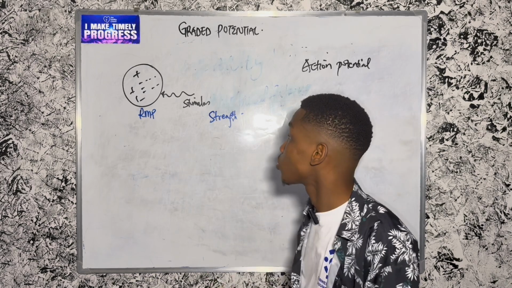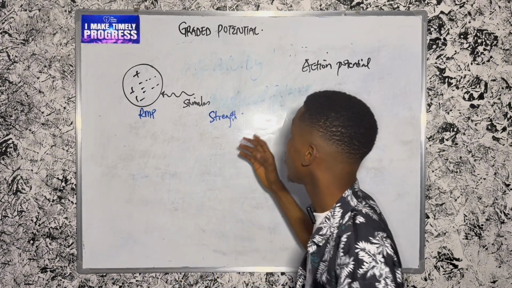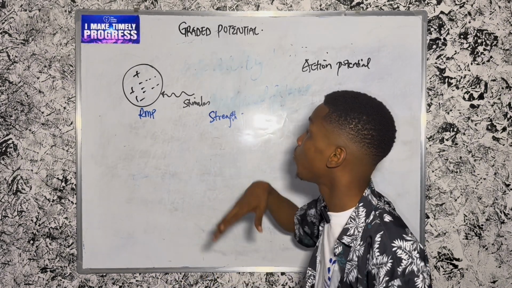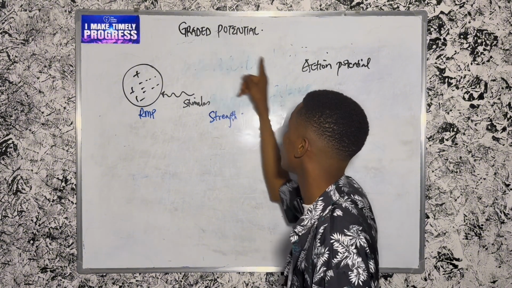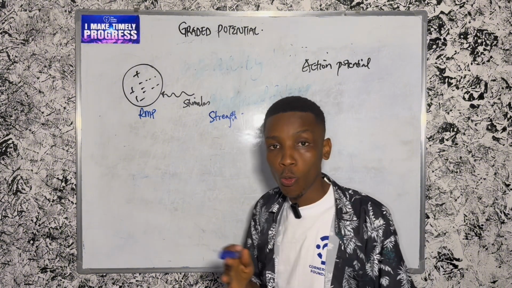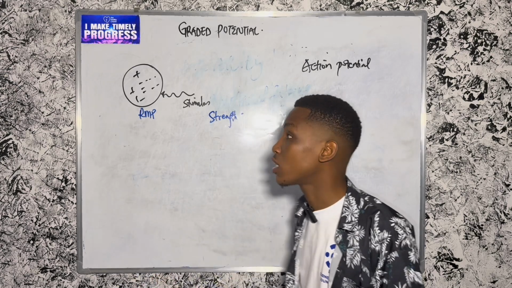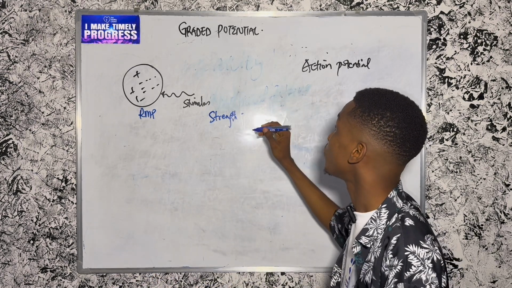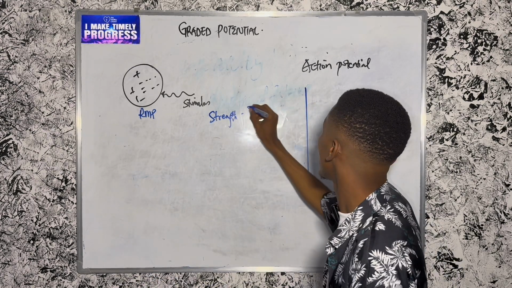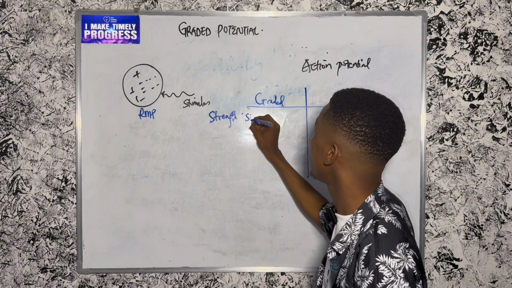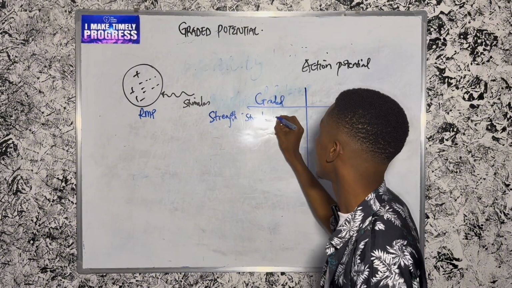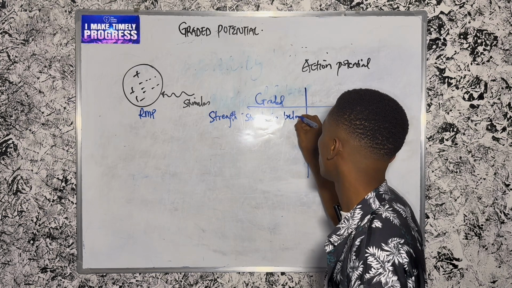All right, so the next thing will now be, what are the main differences between graded potential and action potential? Number one, in the case of graded potential, the stimulus is below threshold.